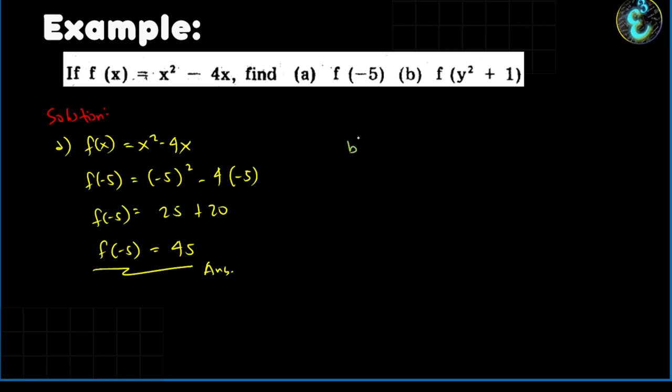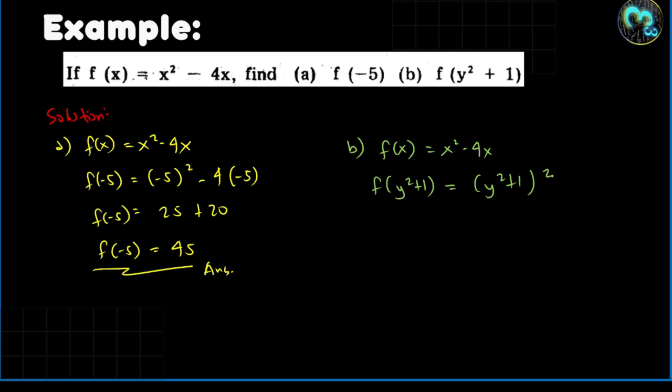Next, letter B. Let's first copy the given function, f of x is equal to x squared minus 4x. The value of x will now be y squared plus 1, so we just substitute that: y squared plus 1, squared, minus 4 times y squared plus 1. If we expand y squared plus 1 squared, we multiply y squared plus 1 by itself.